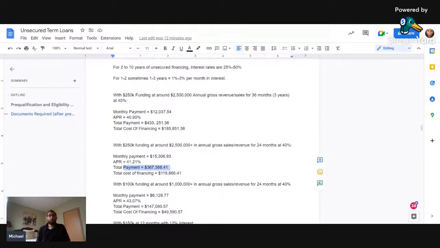Now your total cost of financing becomes quite a bit less, by 70 to 80,000 or more or less here. So see how your total cost towards the interest in the whole total combined becomes less when you have only 24 months or 2 years instead of 3 years. Same 40%, but now you have 2 years instead of 3 years, so your total cost is much less.